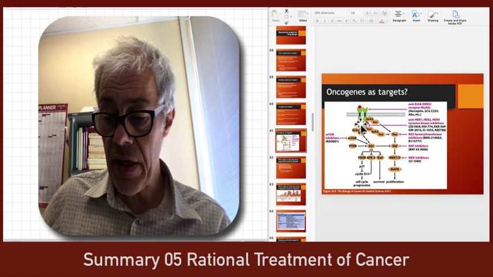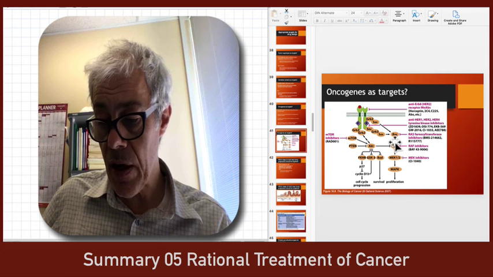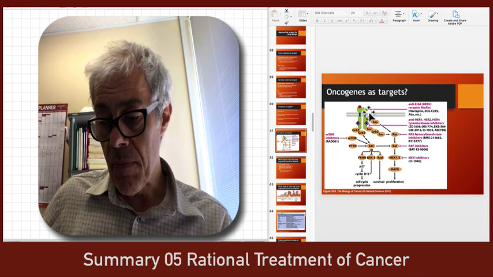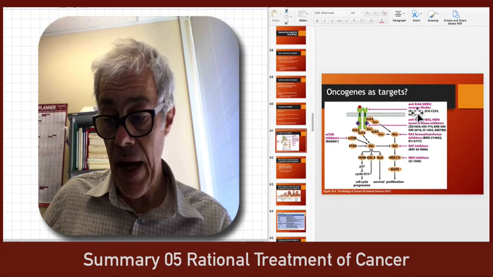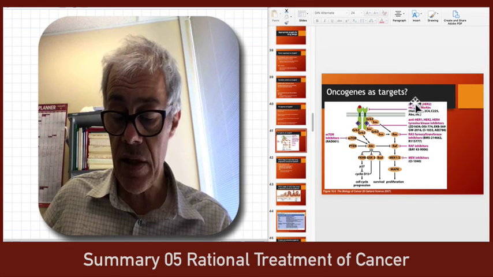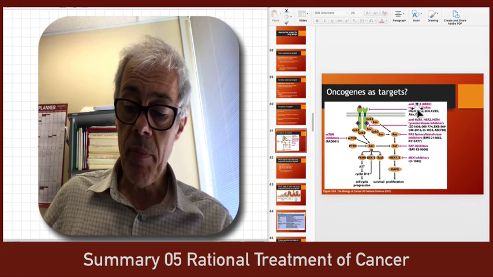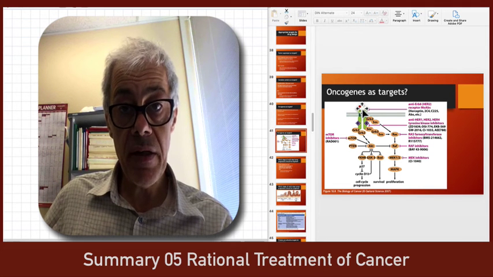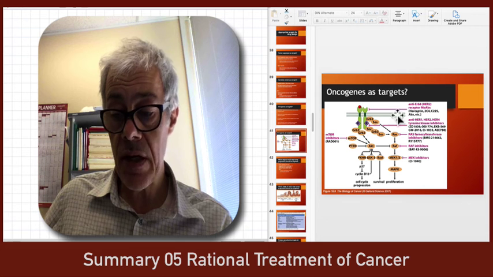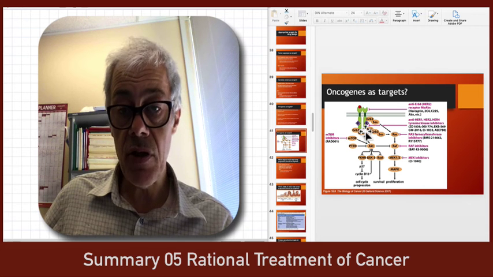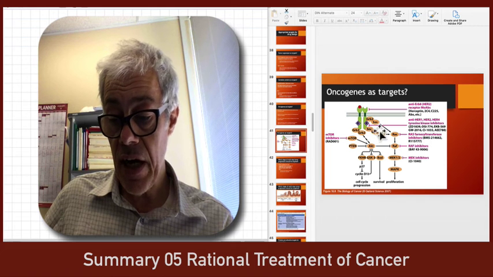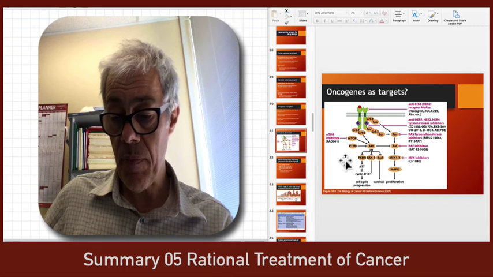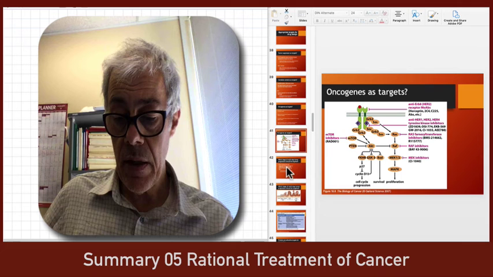So there's a little figure here showing a bunch of different proteins which can be targeted in signaling pathways. And there were these compounds that can bind to the ligand binding domain on the outside of the cell. There are drugs that can bind to the tyrosine kinase domains in these tyrosine kinases, and there are some others as well.